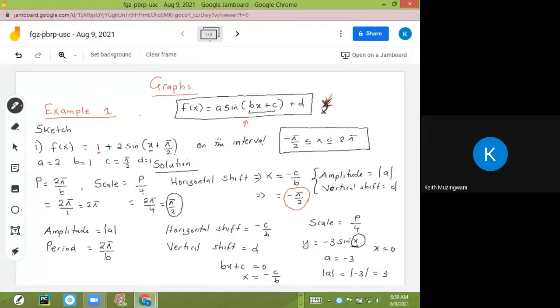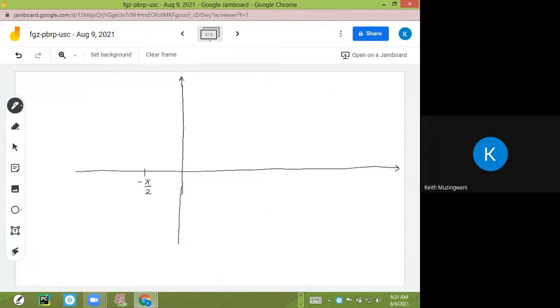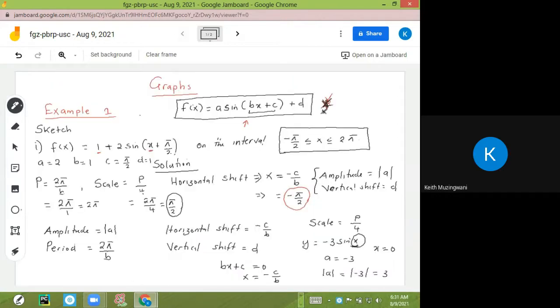Like we have 0, 2, 4. We're adding 2 to each number. So in this case, we'll be adding pi over 2 to each number. So we'll start from the horizontal shift. And to make matters well for our case, it's even our starting point here. So we'll keep adding until we get to 2 pi.